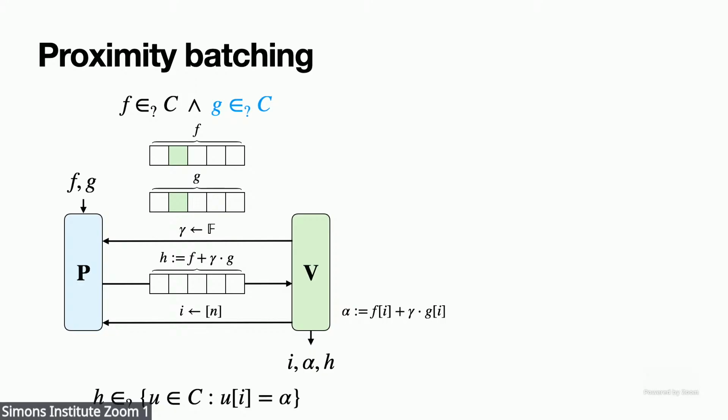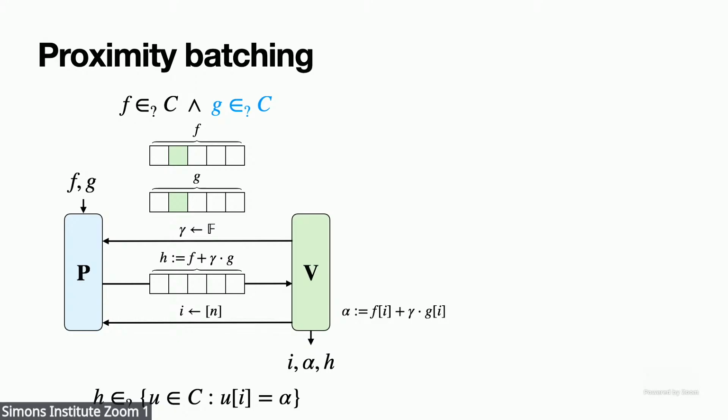Because from the soundness point of view, H might not actually be a code word. We want to claim that H is close to this subset of the code, but H itself might not be a code word. So it's important that we output the thing as a new constraint for soundness.